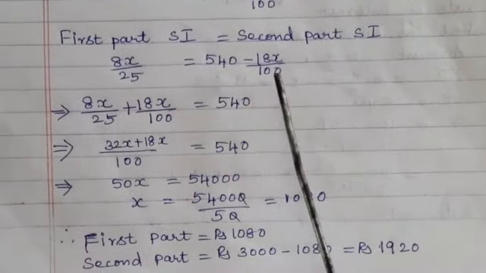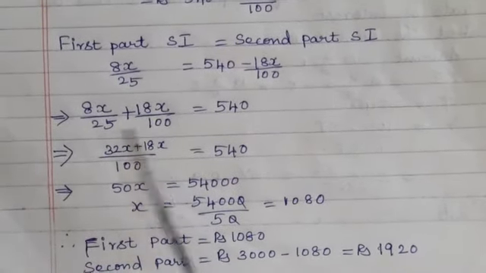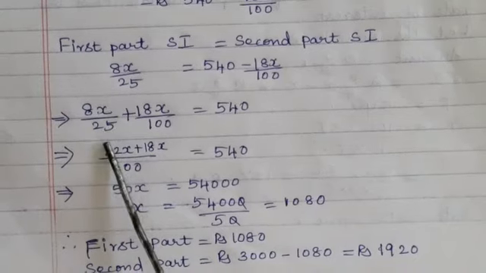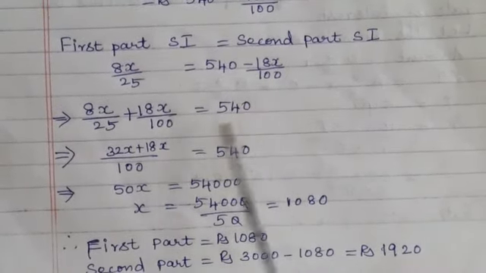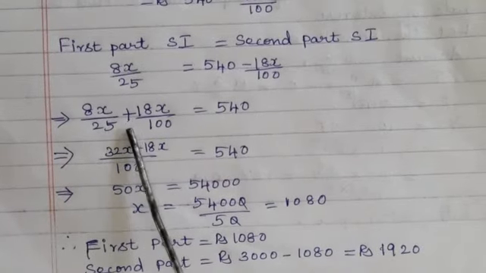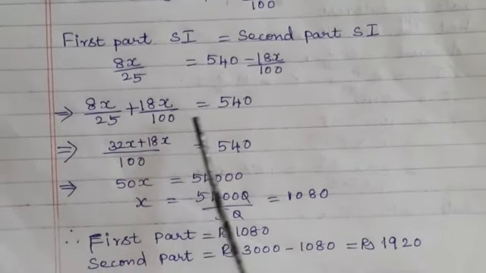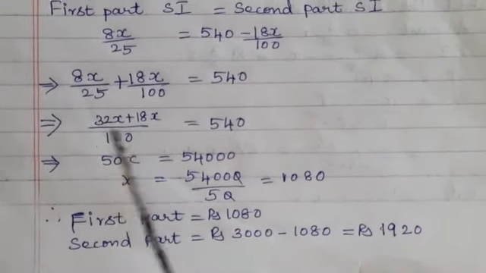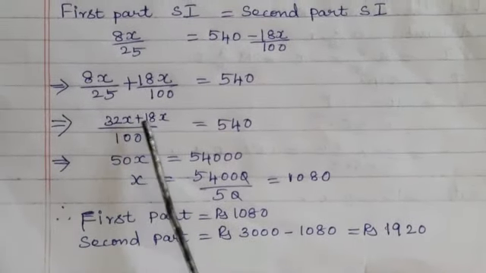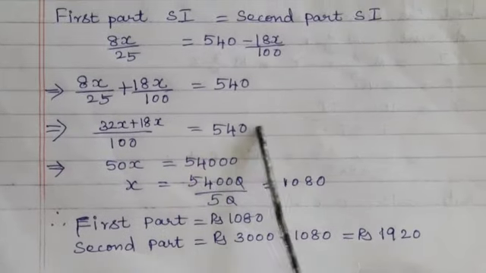First step is separation of variables together. That is 8x by 25, plus this minus 18x by 100 comes this side after transposition plus 18x by 100, which is equal to 540. Then take LCM, that is 100, which is equal to 32x plus 18x by 100 is equal to 540.